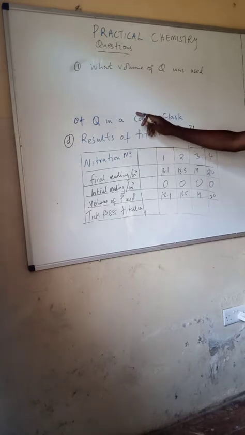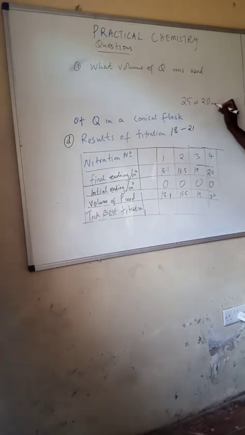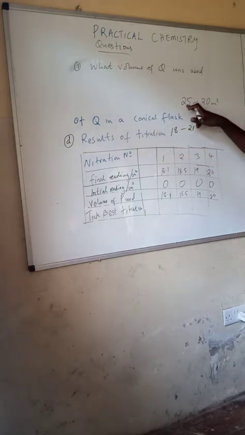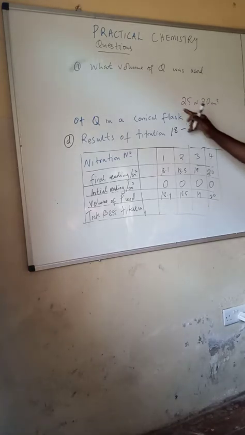I wrote what volume of Q was used. It was 25 or 20 cubic centimeters of Q. Okay? This was the volume of Q used. This one.